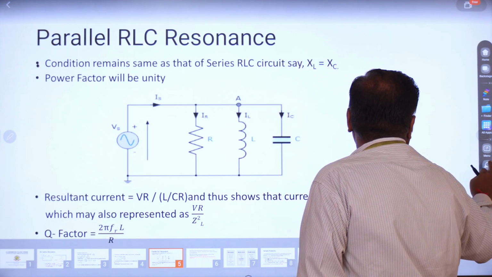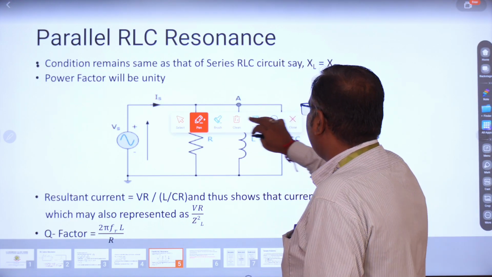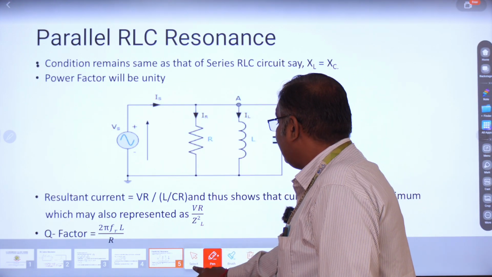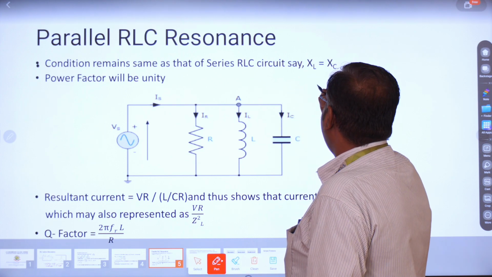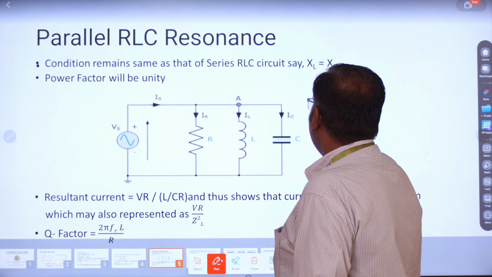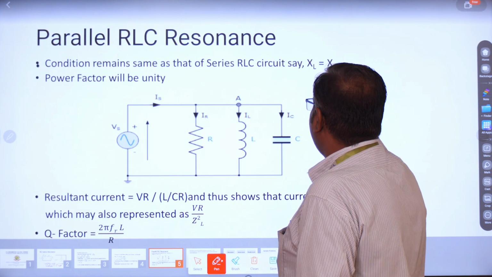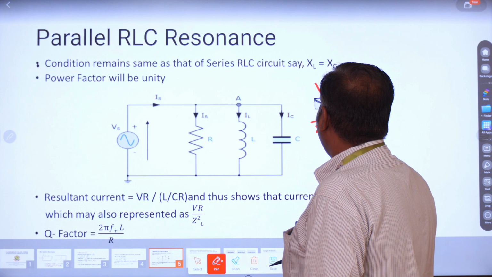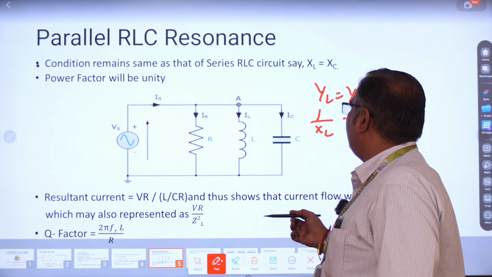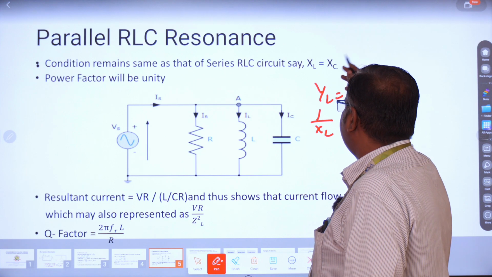Actually, we'll be writing it in terms of admittance, so that will be easy for us to calculate. So we'll be writing YL is equal to YC. So YL is nothing but 1 by XL, YC is nothing but 1 by XC.